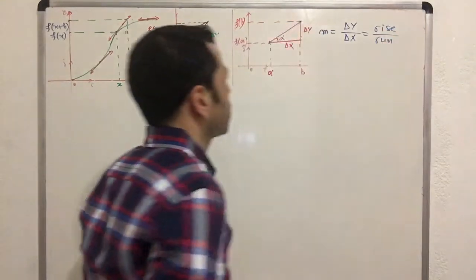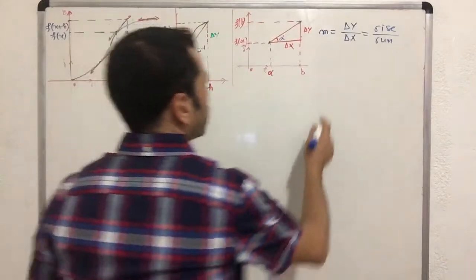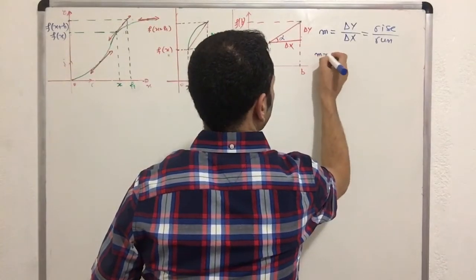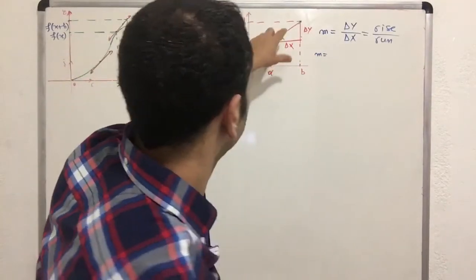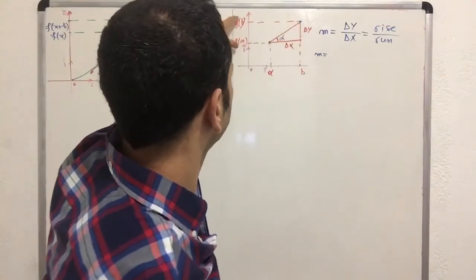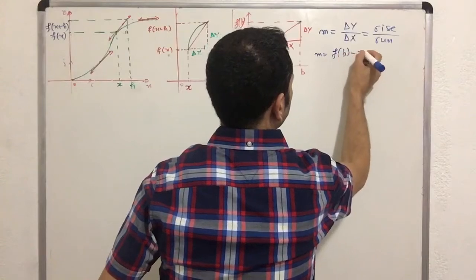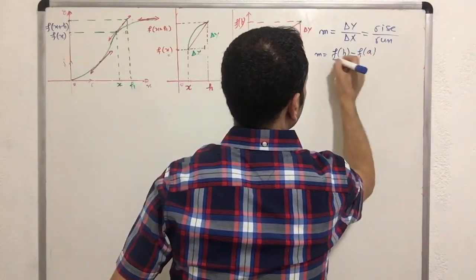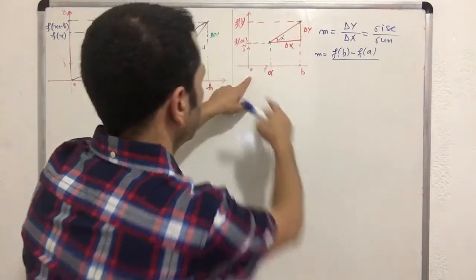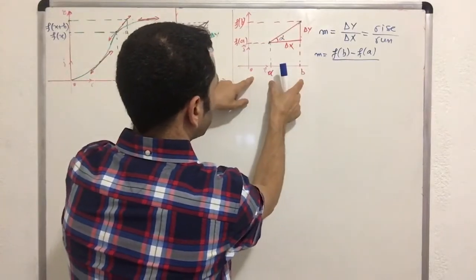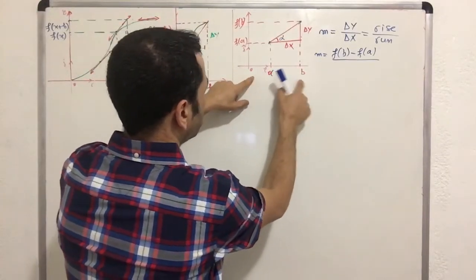That's the definition. So m equals the change in y, which is f of b minus f of a, over this distance b minus a.